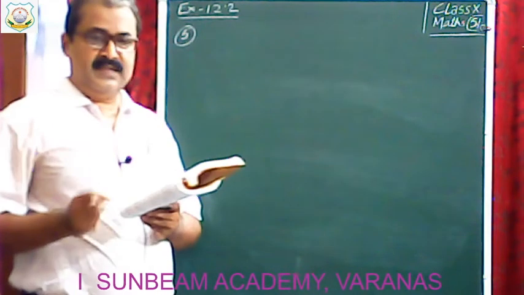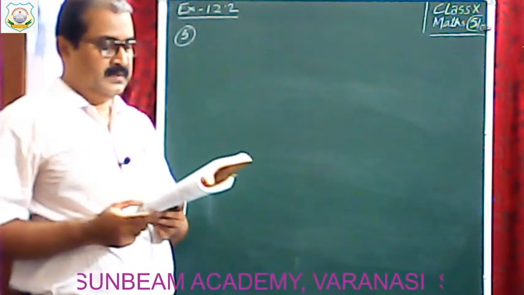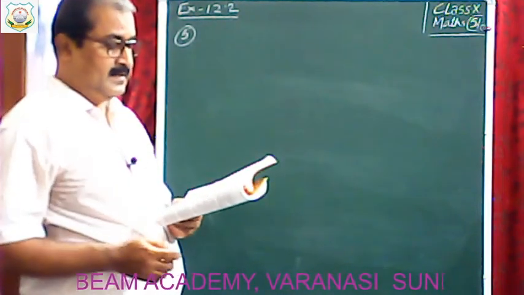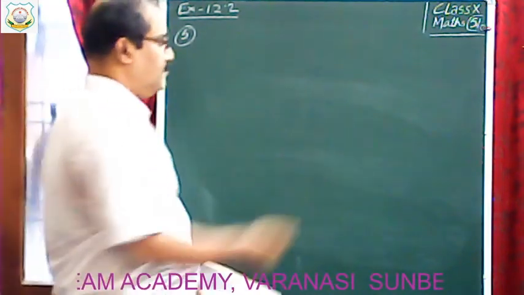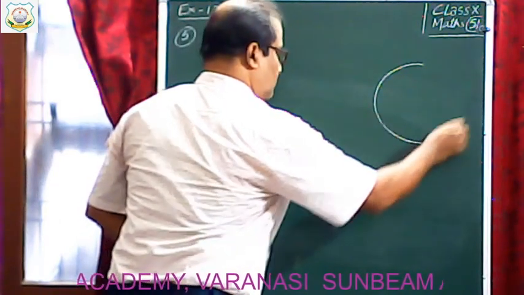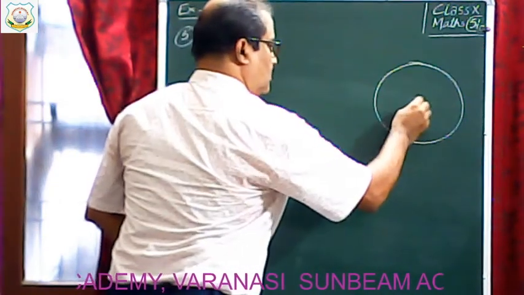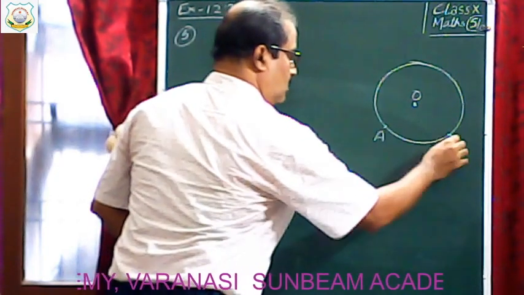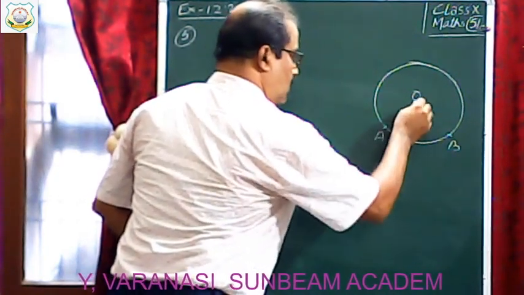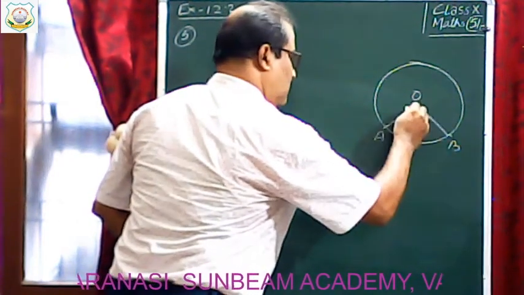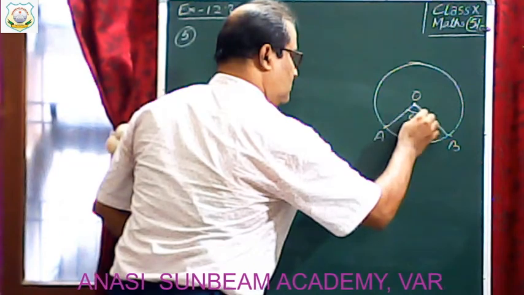Radius of the circle is given, 21 centimeter, and an arc subtends an angle 60 degree at the center. Draw the figure. Figure is not given. Center, arc, angle subtended by arc at the center, that is 60 degree.